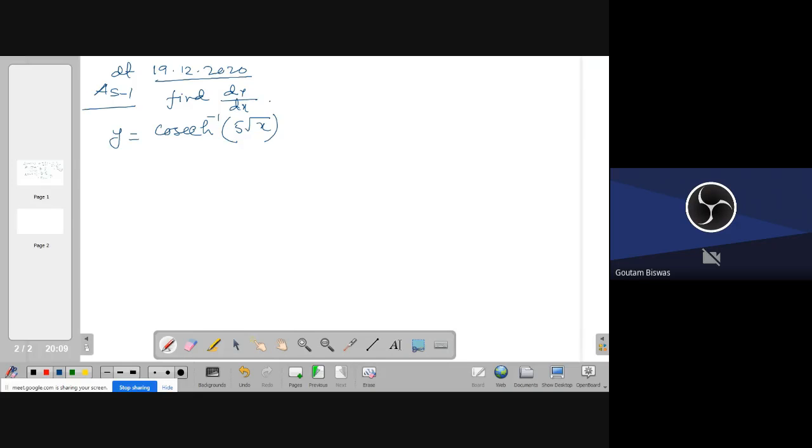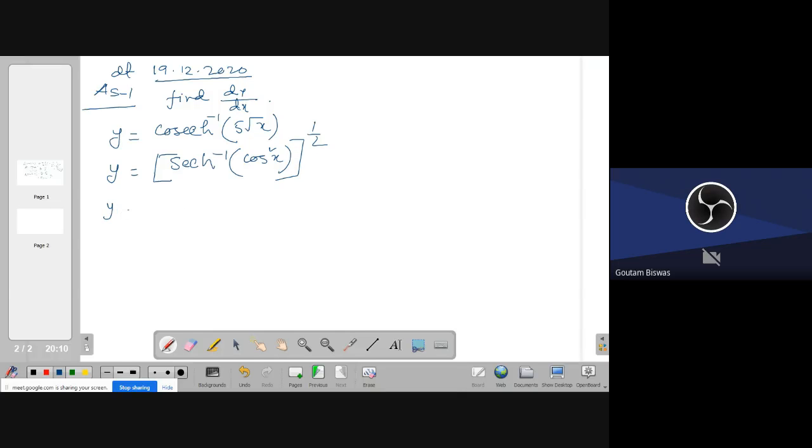Then y is equal to sech inverse cos square x, to the power half.